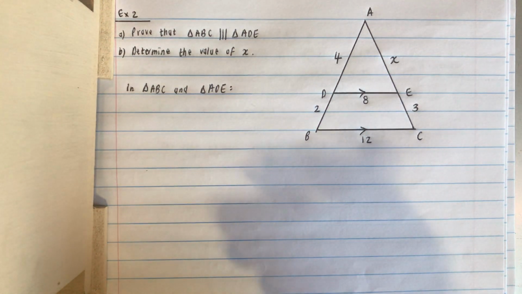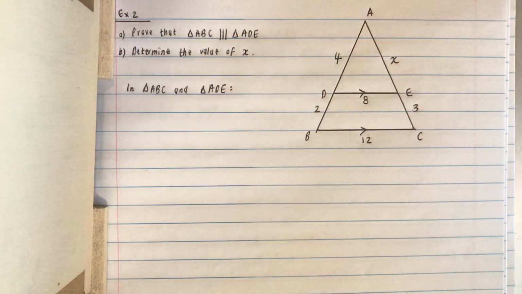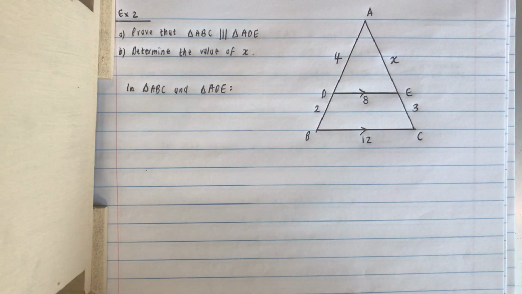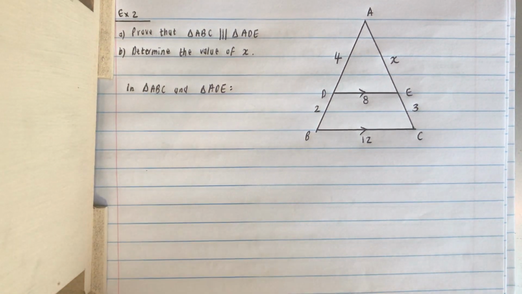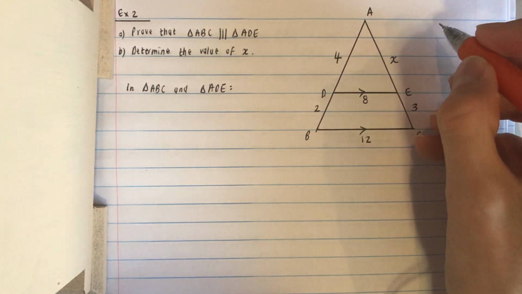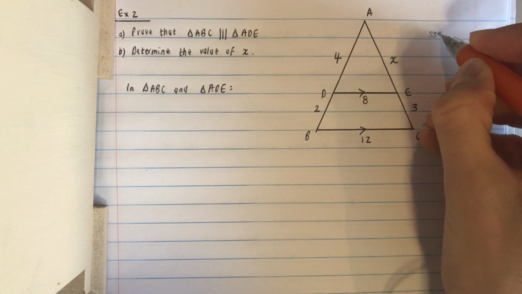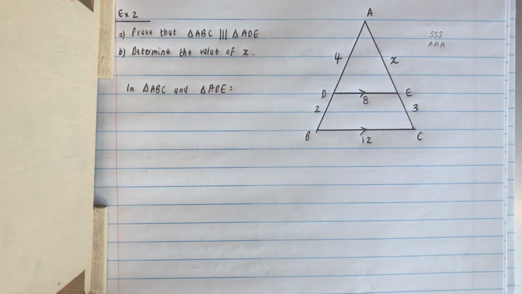Now we need to list the things that are the same. Now we are working towards one of two conditions. The two conditions that we have, I just want to write it here in pencil, is either SSS or AAA. Now SSS means side, side, side.